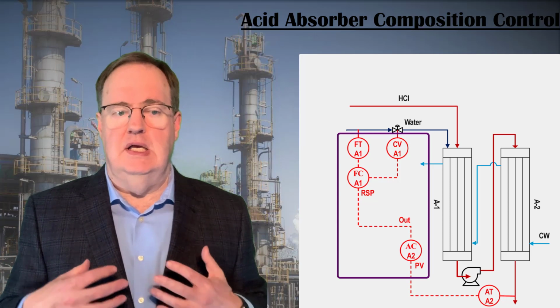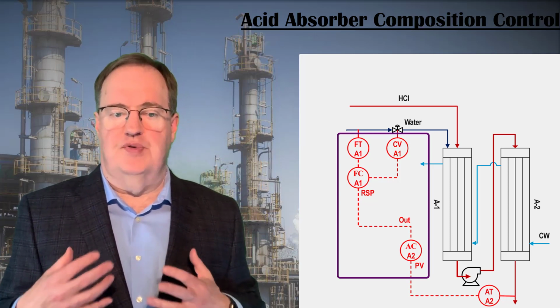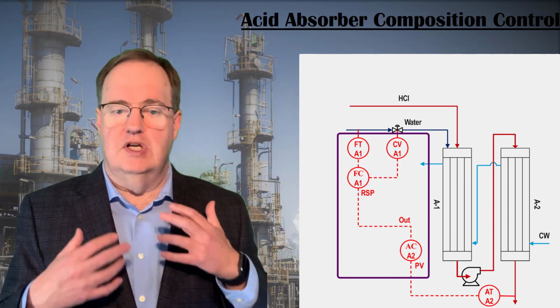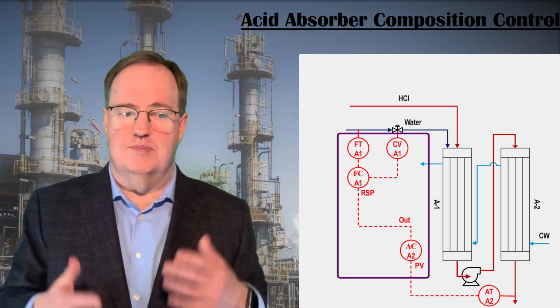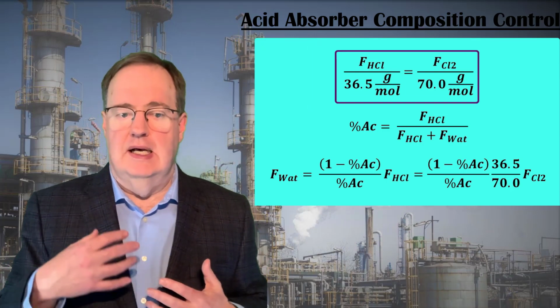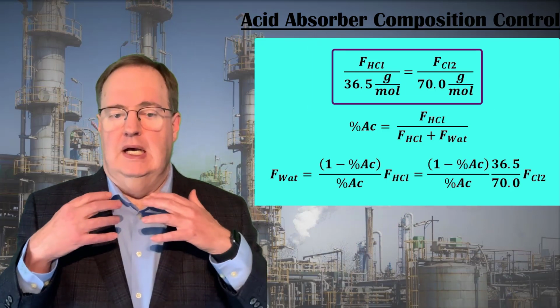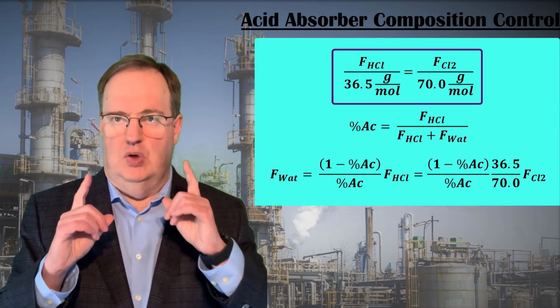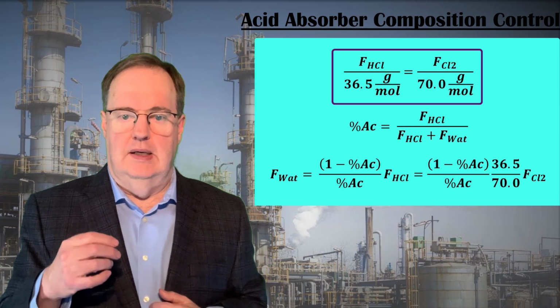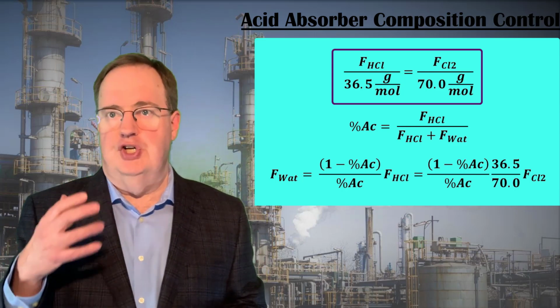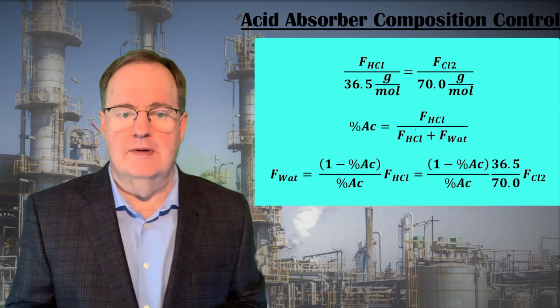Our opportunity to use a model stems from our knowledge of how fast chlorine is being charged to the various chlorination reactors that feed the absorber. If we do a mass balance, the mass flow of HCl byproduct from the chlorination reaction, which will be 1-to-1 by mole, will be proportional to the mass flow of chlorine by the ratio of molecular weights.